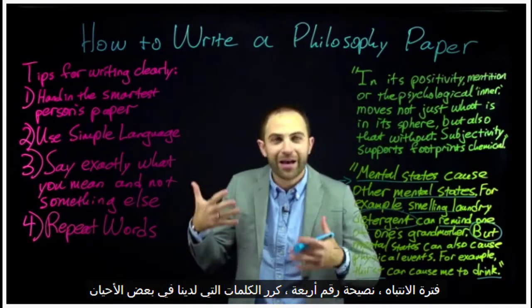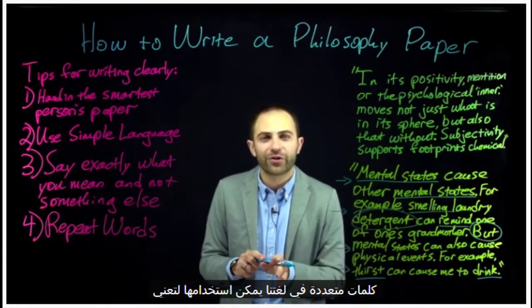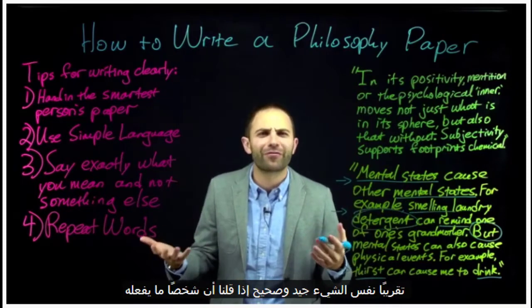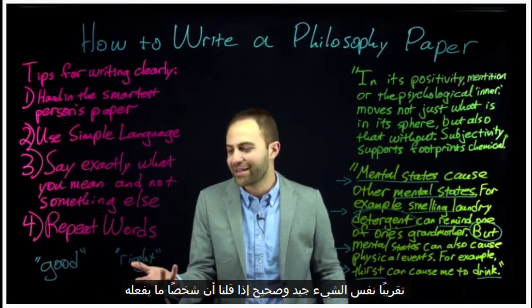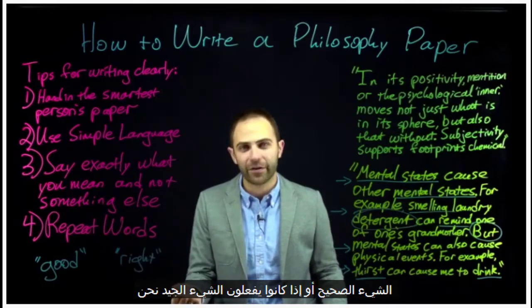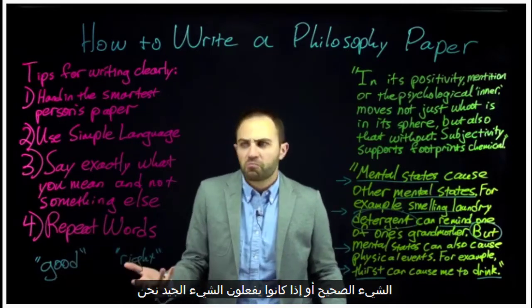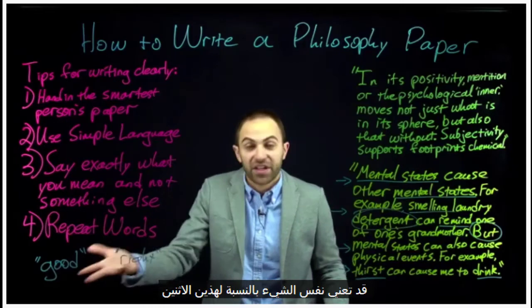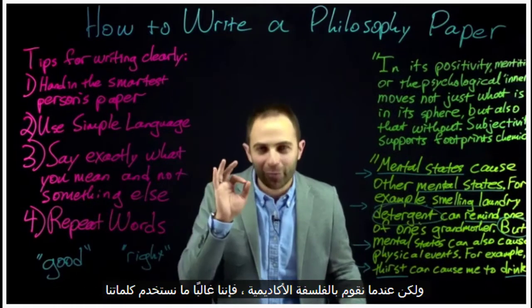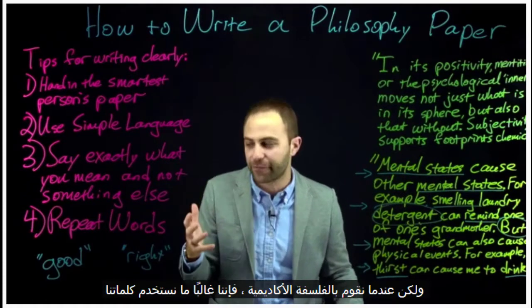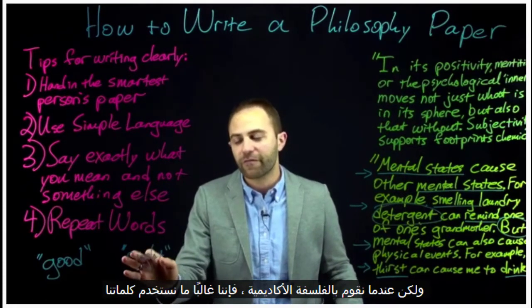Sometimes we have multiple words in our language that can be used to mean roughly the same thing. Good and right. If we say that someone is doing the right thing or if they're doing the good thing, we might just mean the same thing by those two sentences or those two phrases or whatever. But when we're doing academic philosophy, we are often using our words very, very carefully.